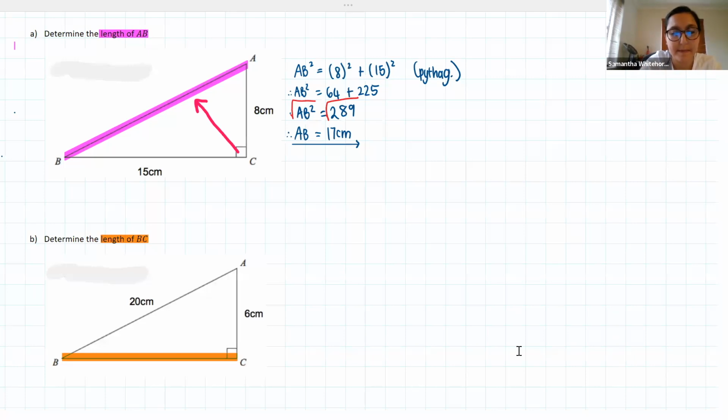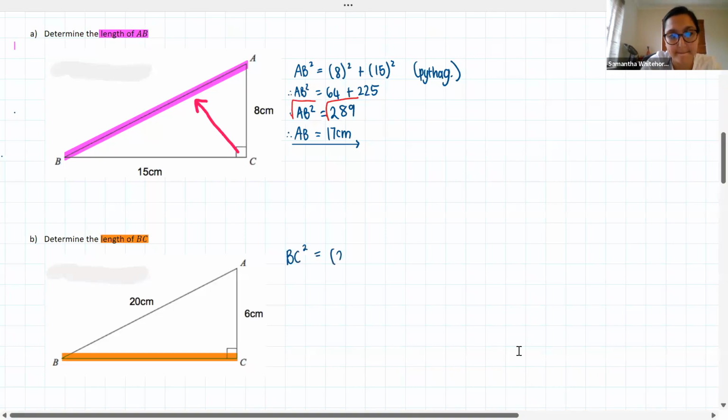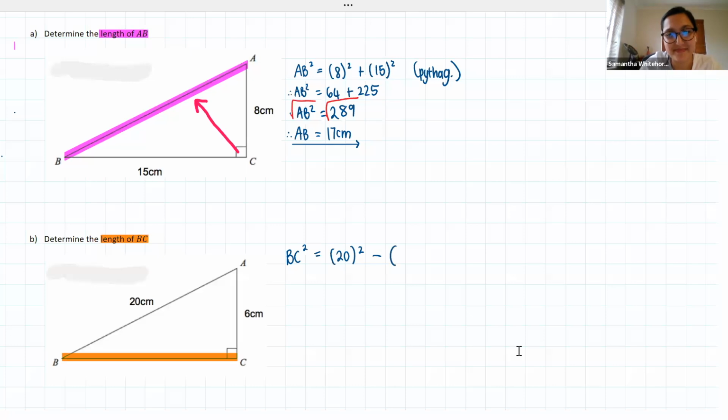So I said BC to the power of 2 is equal to 20 centimeters to the power of 2 minus 6 centimeters to the power of 2. Nice. And then I got BC to the power of 2 is equal to 400 minus 36. Yes, ma'am.